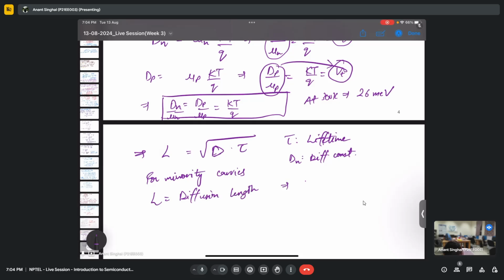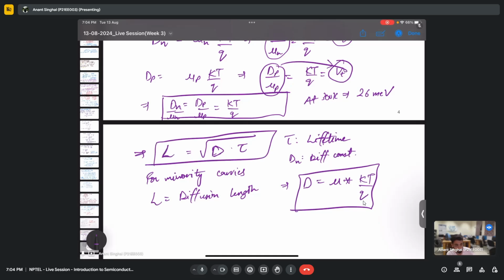Again we have D, which is mu times kT by q, that we all know already. The diffusion length is given by this particular relation, which is the square root of the diffusion constant times the minority carrier lifetime. So is this particular thing clear?